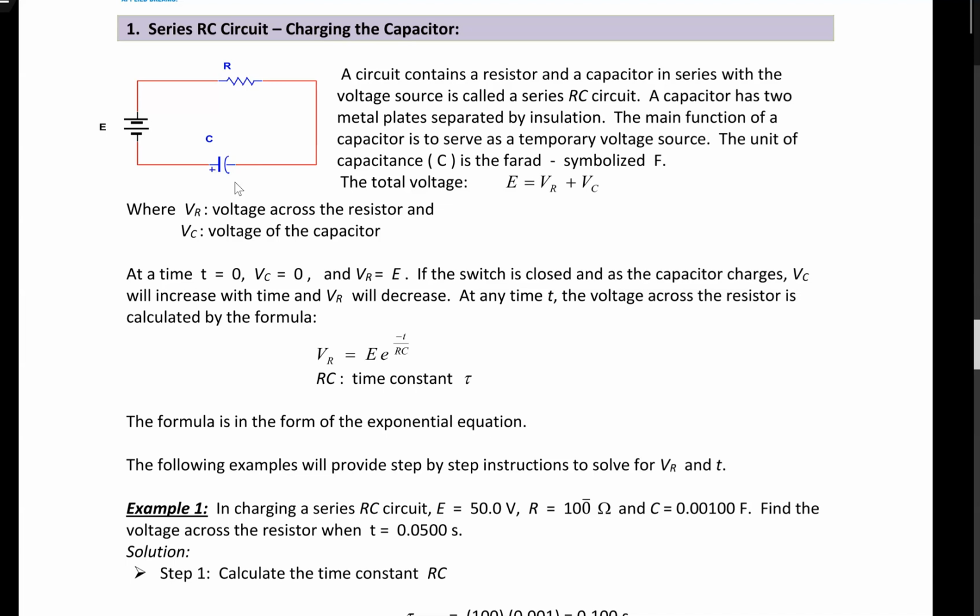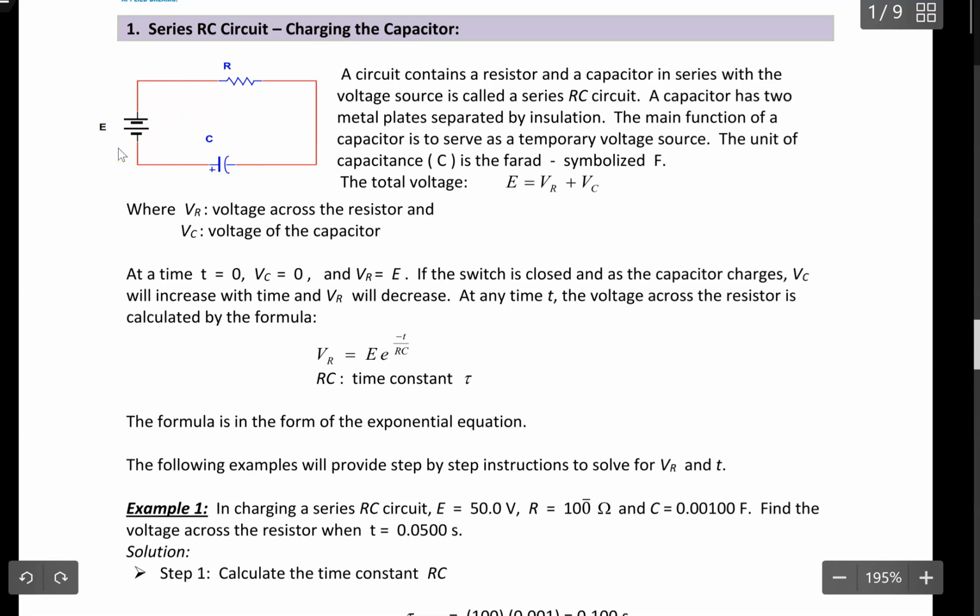Because the resistor and the capacitor are connected in series with each other, according to Kirchhoff's voltage law, the voltage across this resistor added to the voltage across this capacitor is equal to the voltage source.